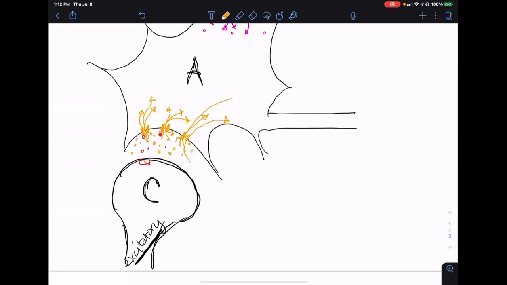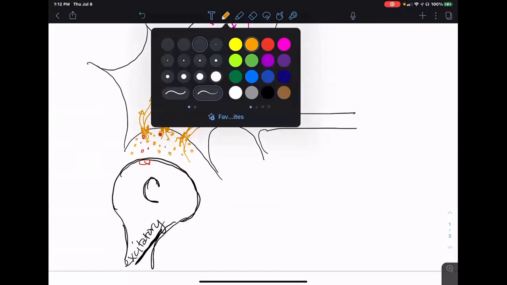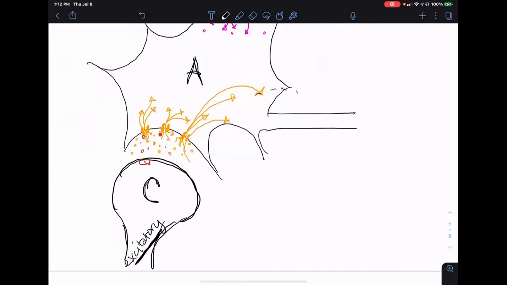Now remember, these are going to be moving from this more positive environment towards a more negative environment. They're going to be moving from where it's more concentrated to where it's less concentrated. So you can imagine they're all eventually going to be moving this direction towards this portion of the neuron, which we've talked about before. It's referred to as the axon hillock.